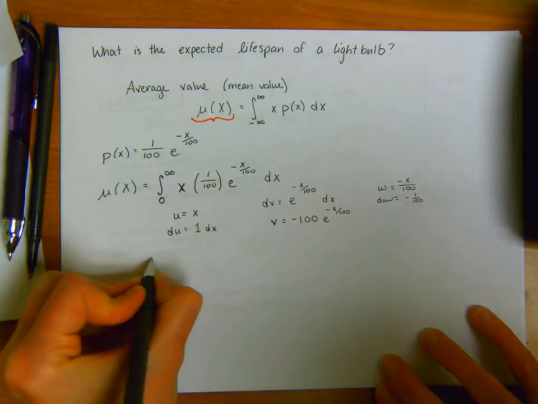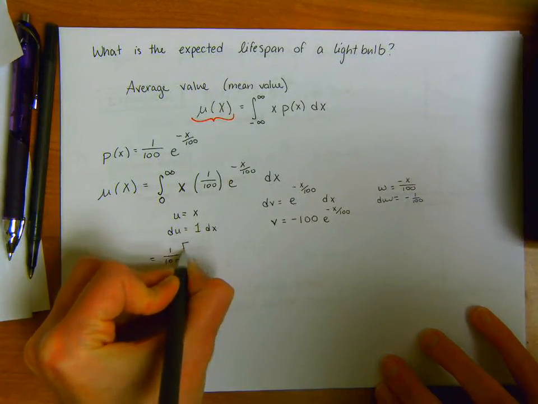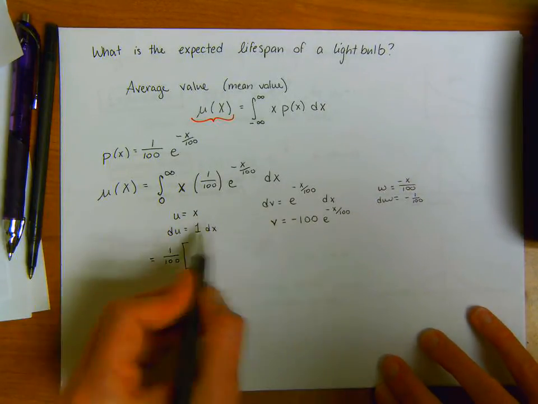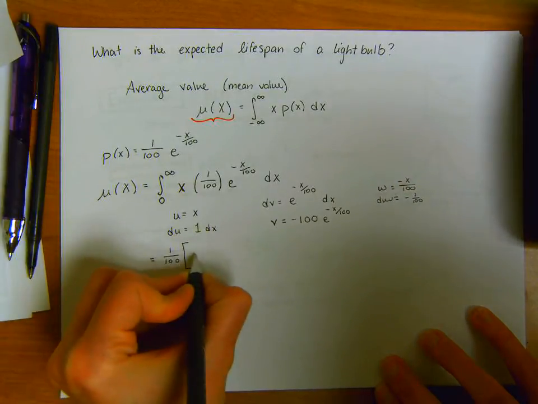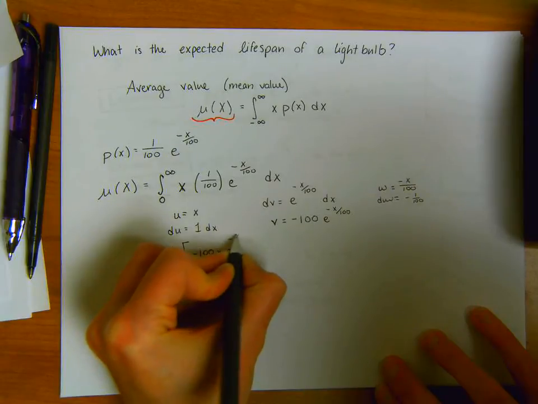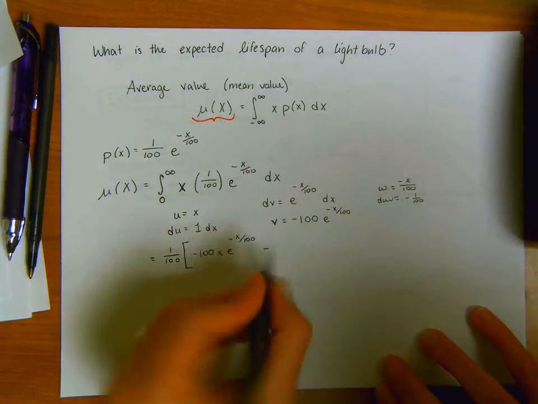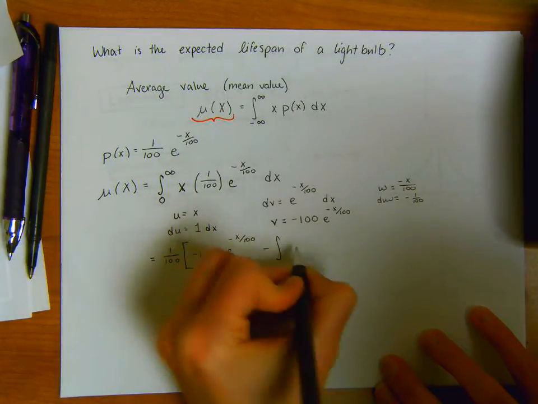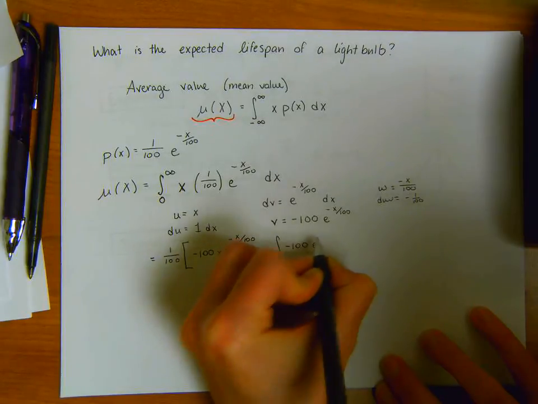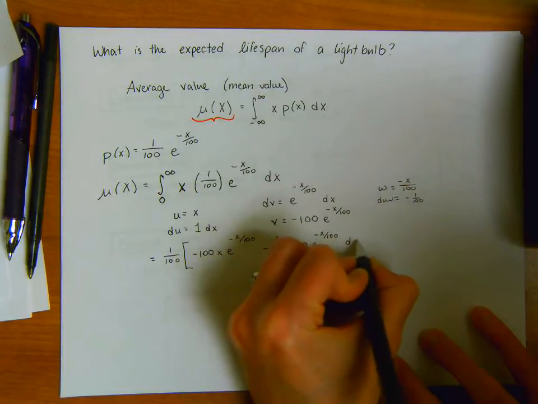So when I integrate this, remember I pulled that coefficient out front, so it's 1/100th times uv minus the integral of v du. uv ends up being negative 100 x e to the negative x over 100, minus the integral of v du, which becomes minus the integral of negative 100 e to the negative x over 100 dx.